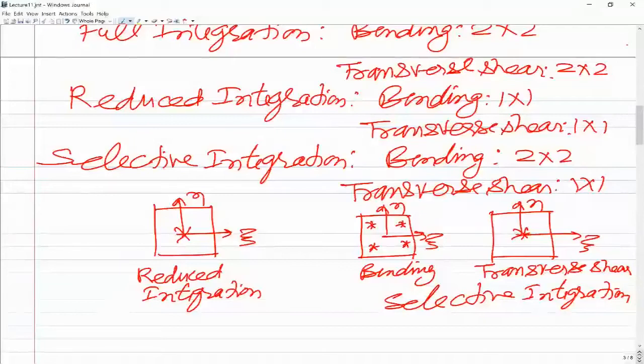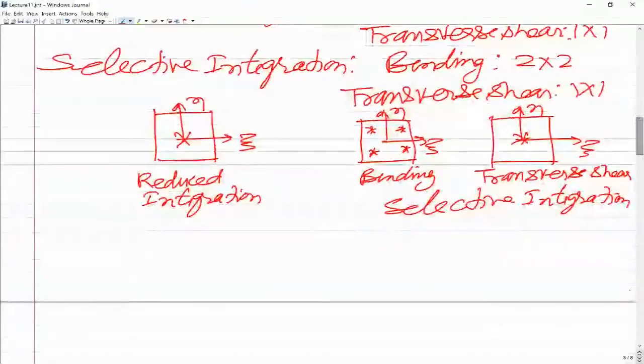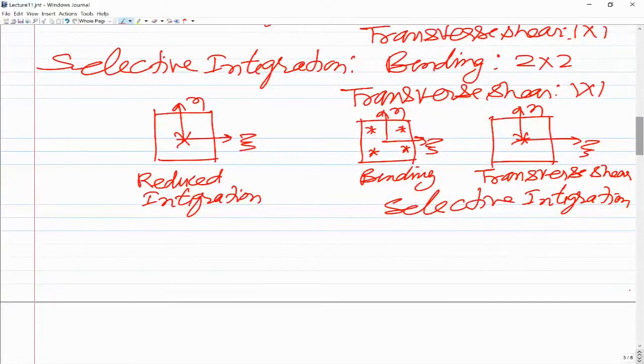Now, why does this selective integration eliminate the locking? Because we have seen that when we exactly integrate, we are modeling the transverse shear distribution over the entire element. Then we have seen those constraints which make theta x and theta y either a linear function of y or a linear function of x, and depending on the boundary condition, the plate becomes stiff.